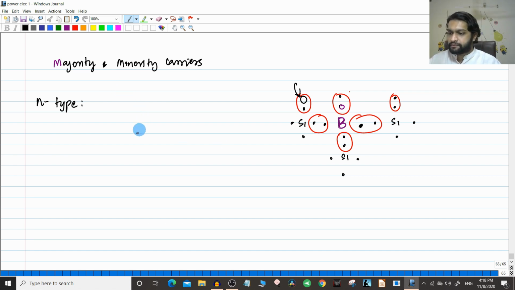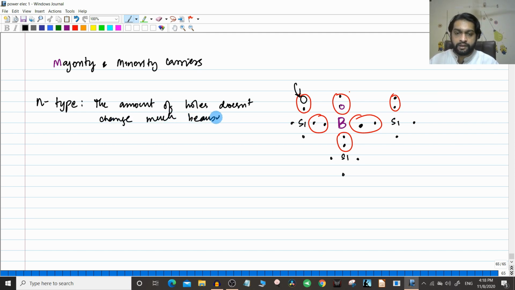So what I am trying to tell here is that the amount of holes doesn't change much, because it is naturally produced by the absorption of thermal energy or light energy.